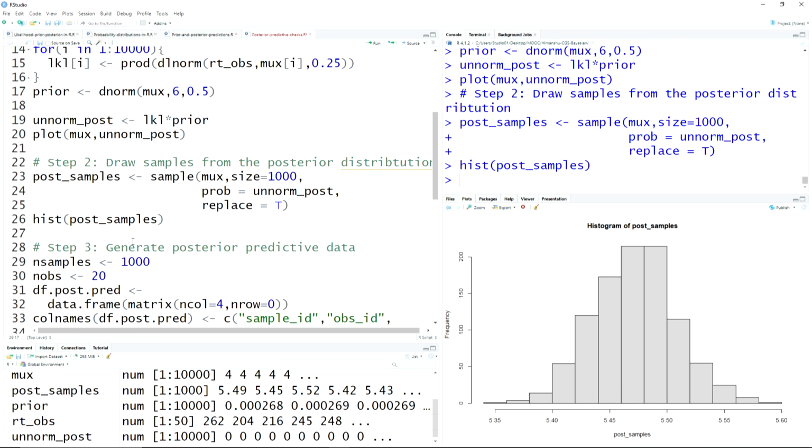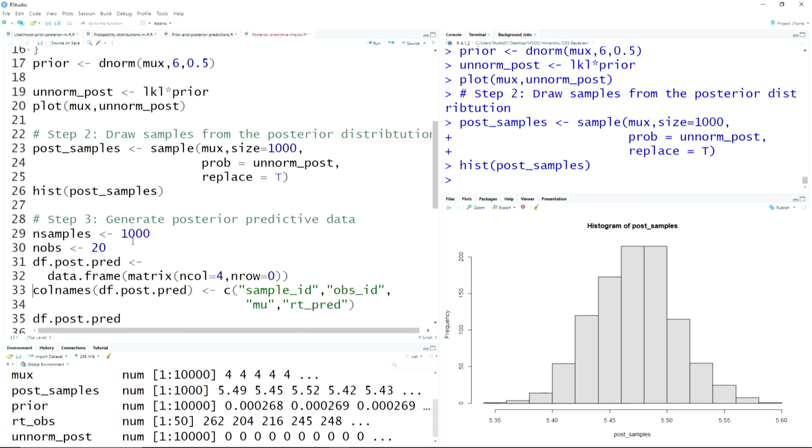I want 1,000 posterior predictive samples. You can decide 500, 1,000, 2,000. I would advise that you have at least 1,000 samples to properly visualize, because there is randomness. You won't see enough in 50 samples, so try with 1,000 samples. The number of observations is 50 here.